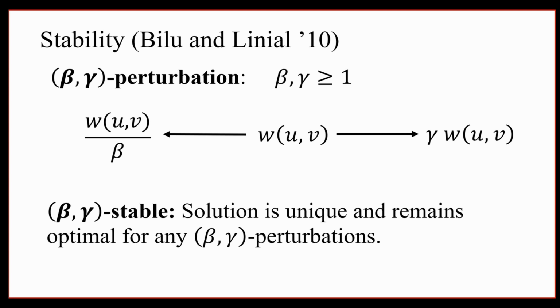Can you test it? We will discuss that. Even testing that is another NP-hard problem, because first of all, to test that, you need to actually exactly solve the problem. A nice property is that although the actual condition is that the solution needs to be the same for any beta-gamma perturbation, you only need to check for one particular adversarial perturbation.